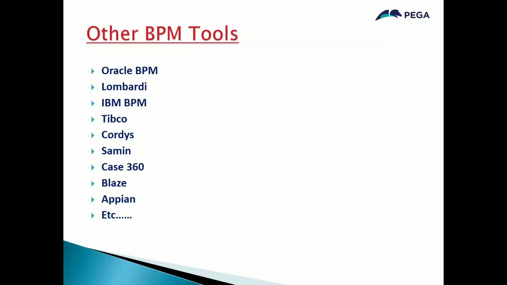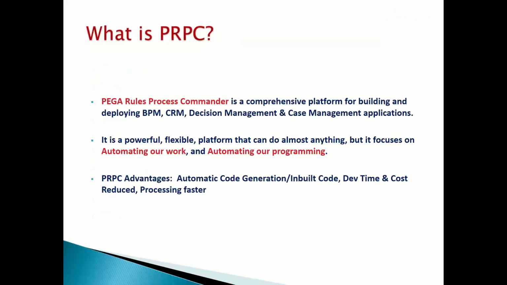Some are supporting technologies for different purposes. Some are partial development tools, and some are into different uses, like ticketing tools or middleware tools. They use the same process, but the purpose of each BPM tool is different. Other than this, there is what we call Pega PRPC.